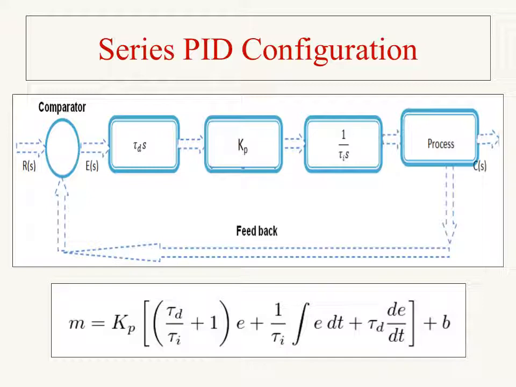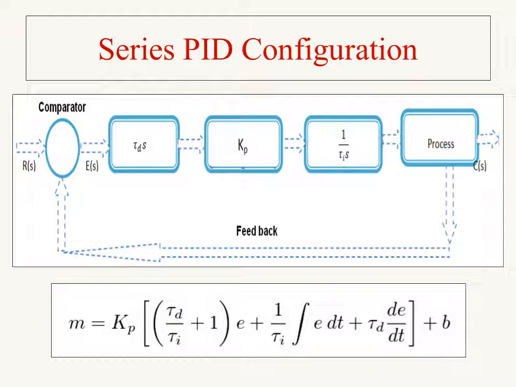Now we can have the characteristic equation where M is the output of the controller. Kp is the proportional gain.